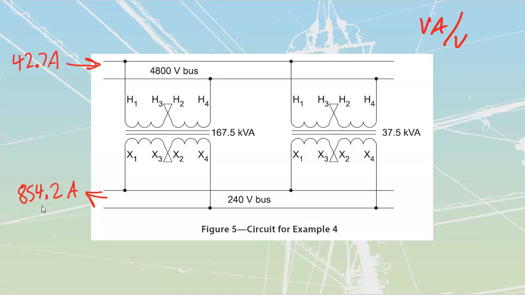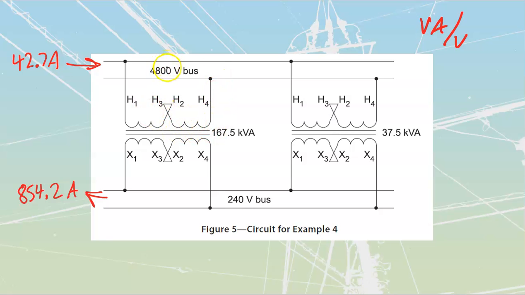Let's figure out our VAs for each individual transformer. We're going to take our value of VA that we put out for each one of them. So for this one over here, we start by taking 167.5 and dividing it by 4800, because that's the voltage the whole thing is placed across.